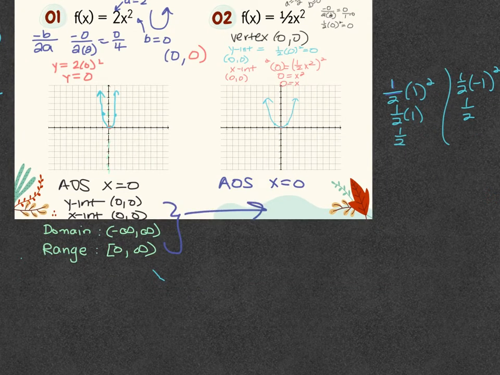My y-intercept is 0, 0, my x-intercept is 0, 0, domain negative infinity to positive infinity, and range 0 to positive infinity with a bracket on the 0. So these are really a lot of just your parent function with a little bit of variation.